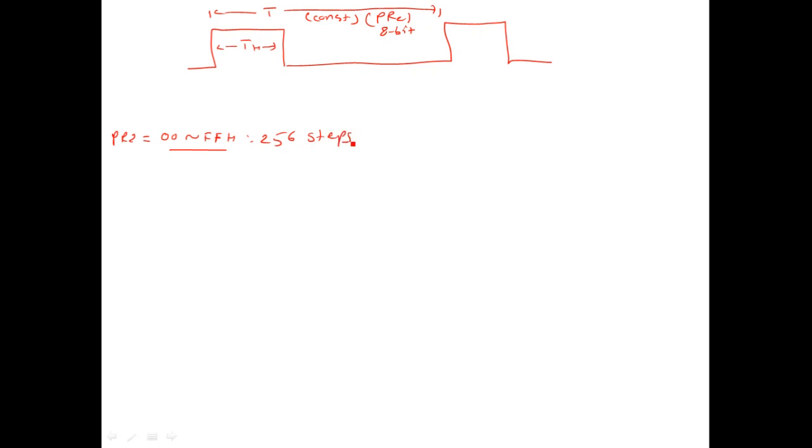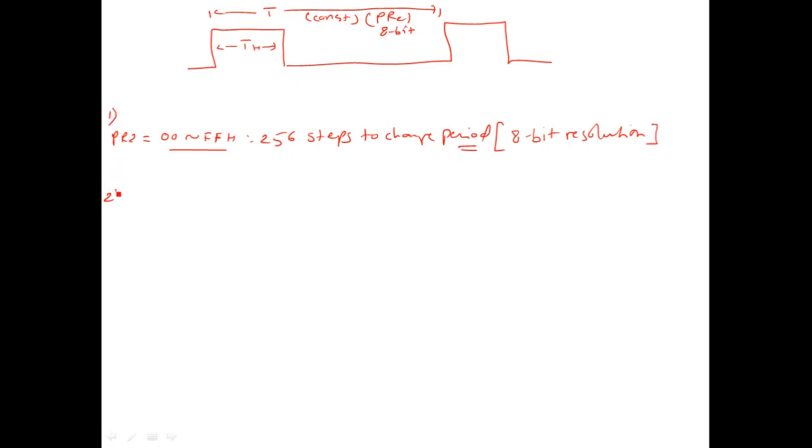So the period can be adjusted in 256 different steps from minimum to maximum. That means the adjustment of the period has 8-bit resolution.